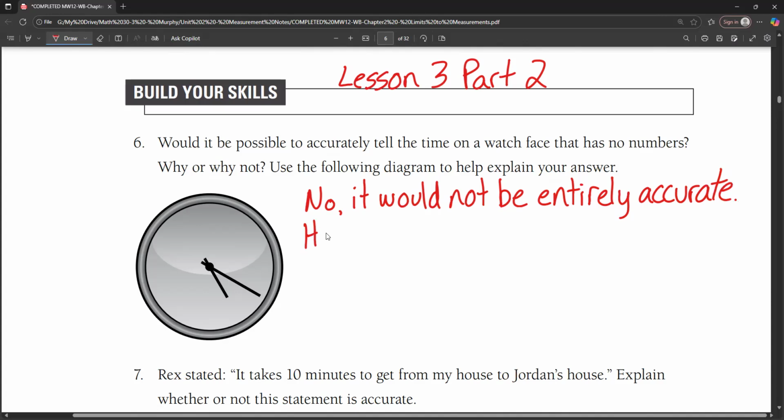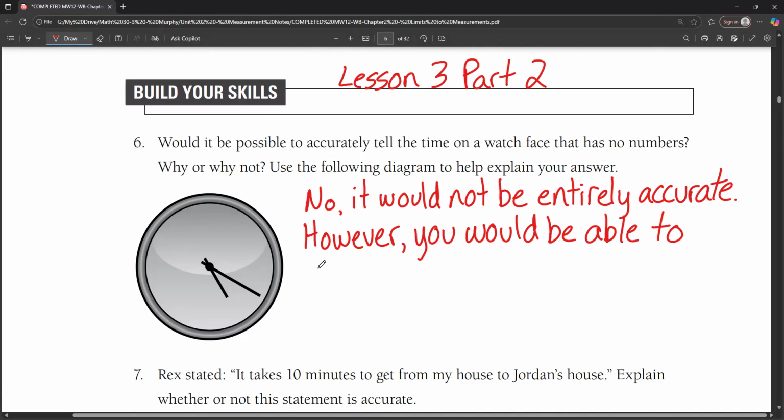However, you would be able to tell the time within reason.